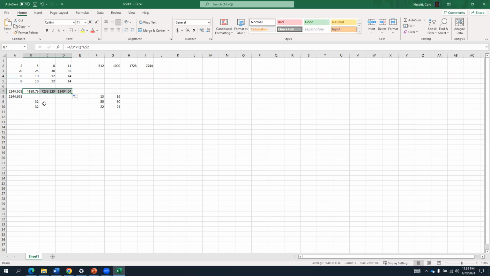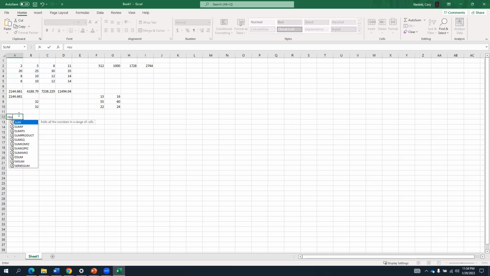All right, so those are just some functions that you can use. It tells so many, so please read. It does the square root, like I said. The sum: if I wanted to do a sum, I could go equal, and I want to sum these cells, so I'll go A7 colon D7, and then close parentheses.